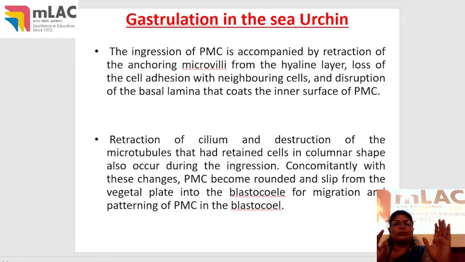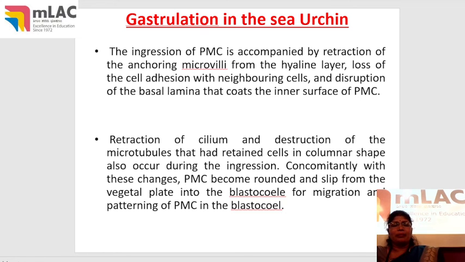There is a disruption of the basal lamina that coats the inner surface of the PMCs. Here there is retraction of the cilia and destruction of the microtubules, because the microtubules inside the cell help to hold the cells in columnar shape. Due to the destruction of microtubules, these columnar cells will become round in shape.